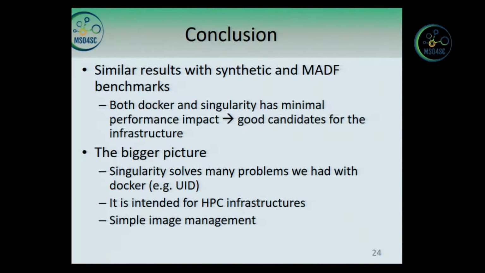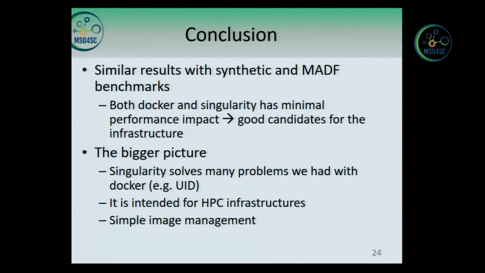It also has simpler image management. We didn't discuss much about image management today, but I think it is important to note that Singularity operates with very simple images. These are basically file systems contained in a single file. The good thing about that is that it allows us to create our own image management.